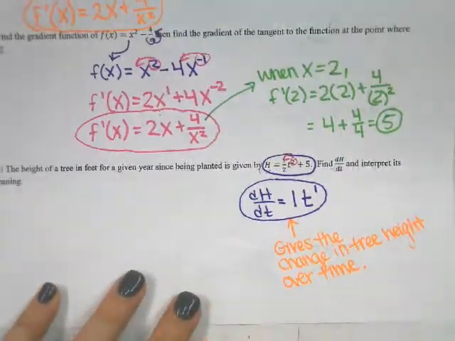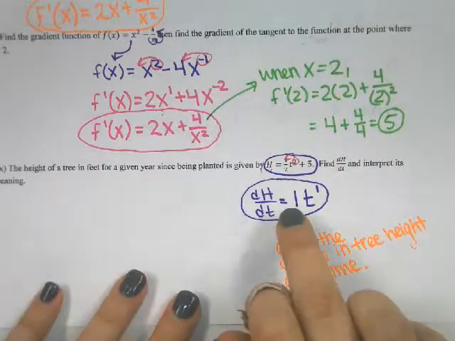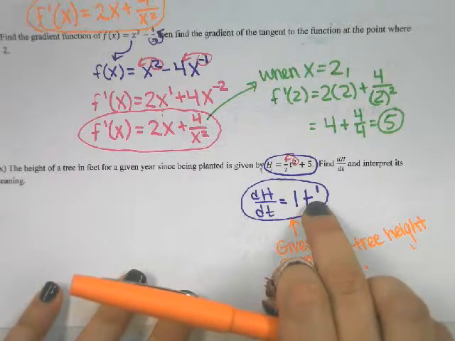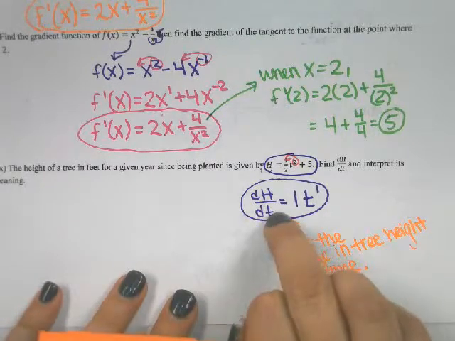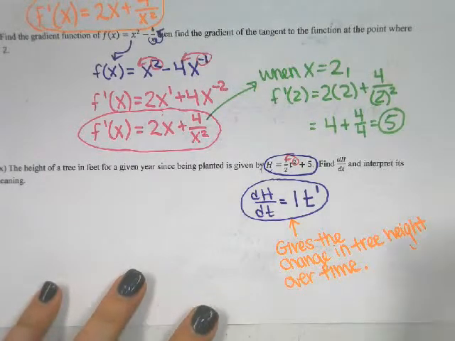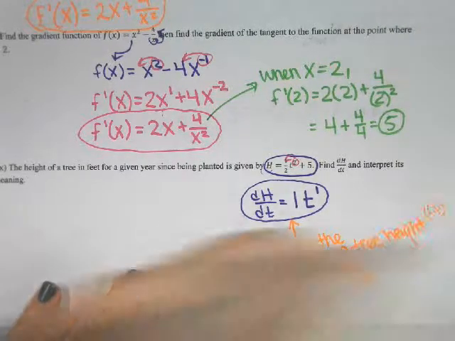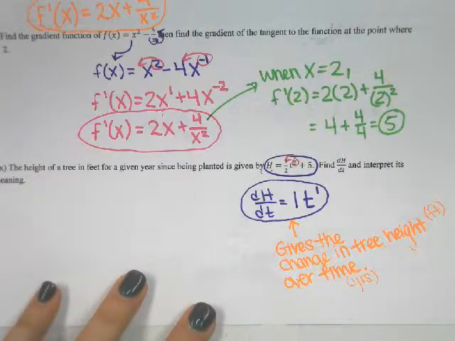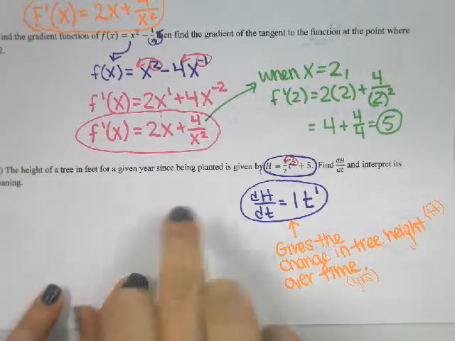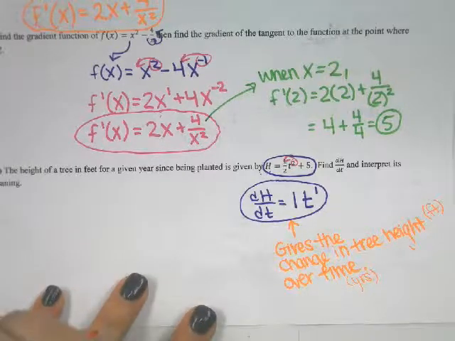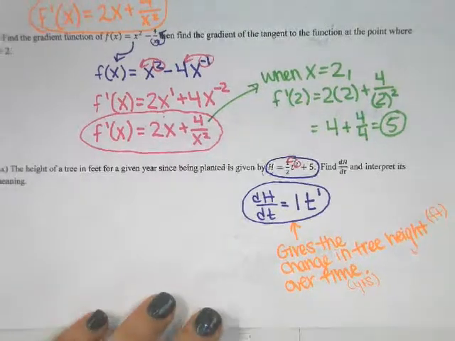So if I were to maybe plug in 3 years, this is increasing. So if I plug in a 3, then it'd be 3 feet per year. So height is in feet, time is in years. So whatever this gives us is feet per year. So after 3 years, it is growing 3 feet per year. At 10 years, plug in 10, 1 times 10 is 10. 10 years, it's growing 10 feet per year. Okay? This is a description of what that means.